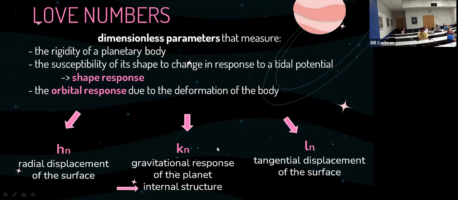And Kn in particular, and K2, the biggest, is related to the gravitational response of the planet when there is tidal interaction, and therefore to the internal structure, because it's quite obvious that whenever a planet is made of rock, the tidal potential cannot deform it as easily as when it's made of gas, for example. That's the basic description.